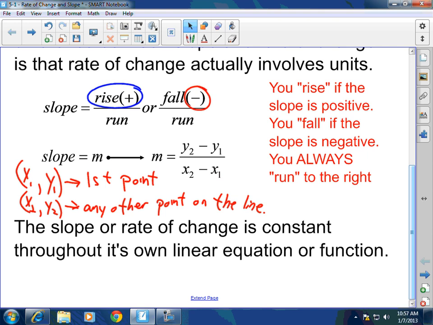The slope of a linear equation or function is always constant. The slope cannot change in the middle of the line. Okay? So lines, linear equations or linear functions have constant slopes. Their slope does not change.